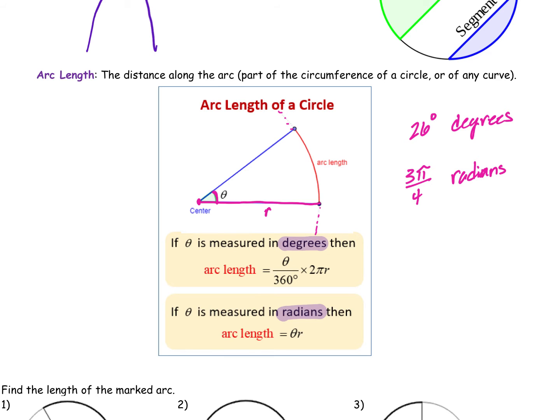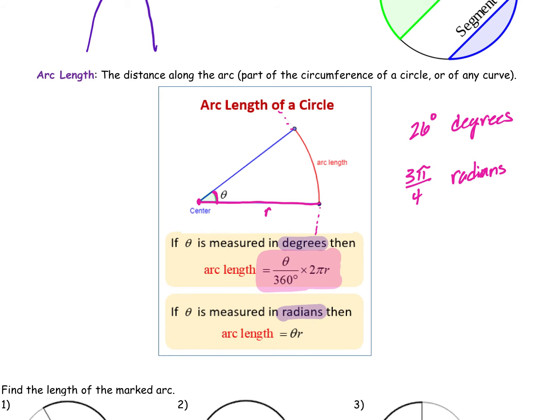That will tell me which equation I'm going to use. Today, so you guys know, everything's in degrees, so we're just using the degree formula, which says arc length equals theta, my angle measurement, divided by 360, times 2 pi r.